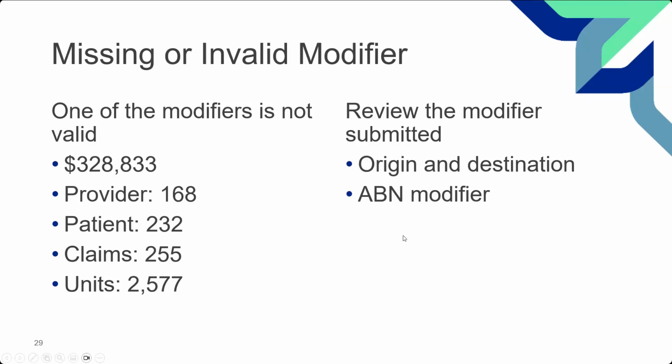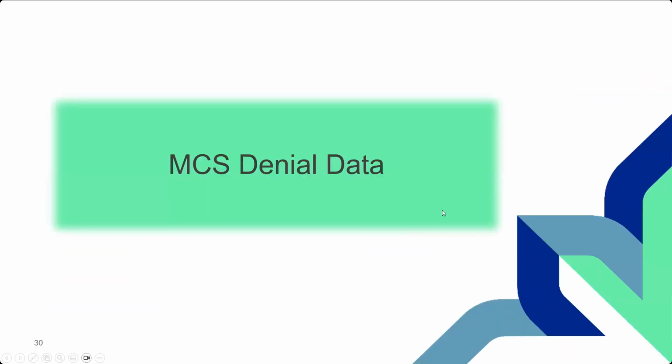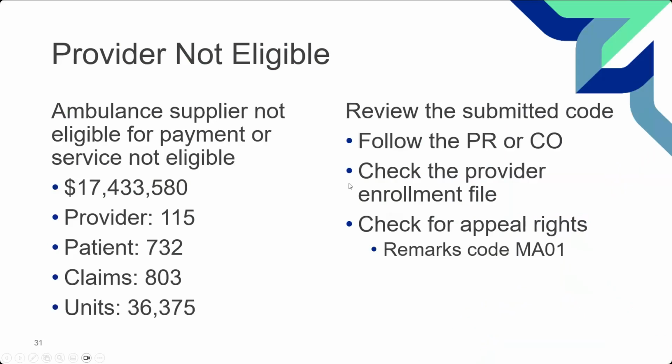The next item is things that are straight out denied or not part of the Medicare. But this is MCS. So remember, we already went through FISS. Now we're working on MCS denials. The first one is actually commonly done because of revalidation or other issues, and it's that the provider is not eligible.